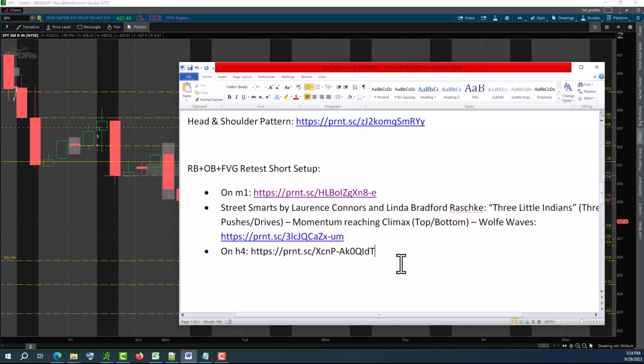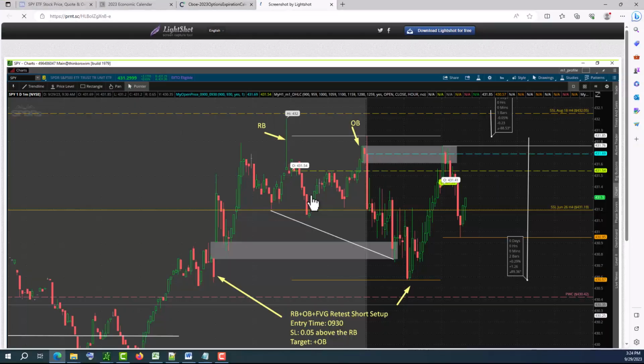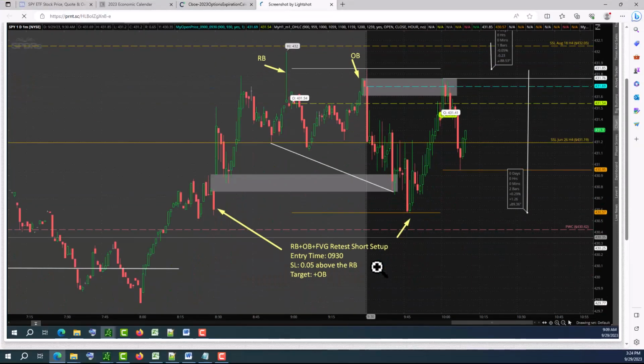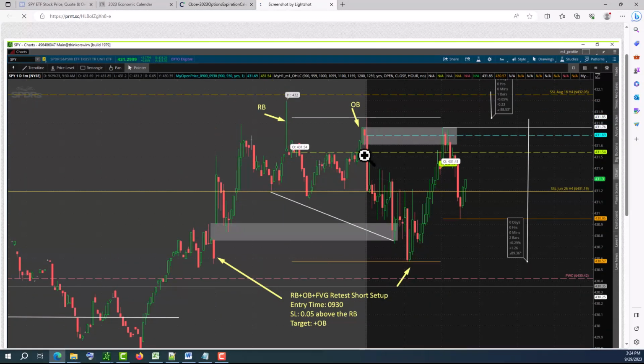Okay, that's our write-up for the trade right there. In the lower time frame, right, that's the setup we see. But on the high time frame, we have rejection block, order block, right?